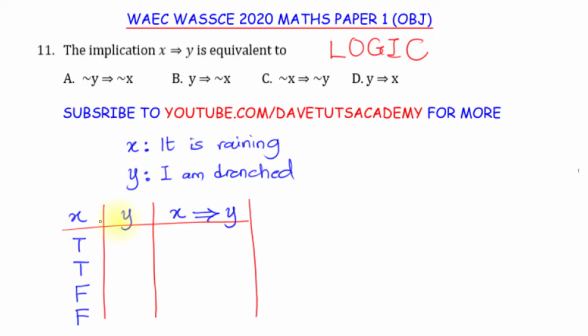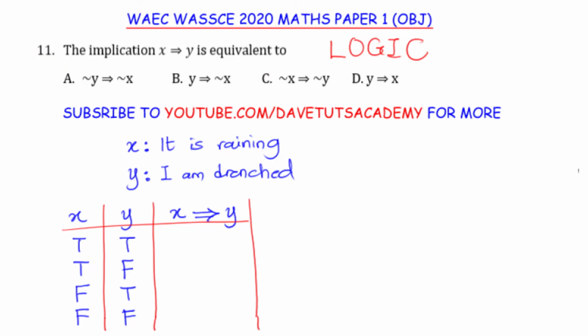So in the first case, x is true and y is also true, x is true and y is false, x is false and y is true, x is false and y is false, okay. So these are the considerations that we need to look at to be able to correctly scope this question, so that we can really get the correct solution out of all this.